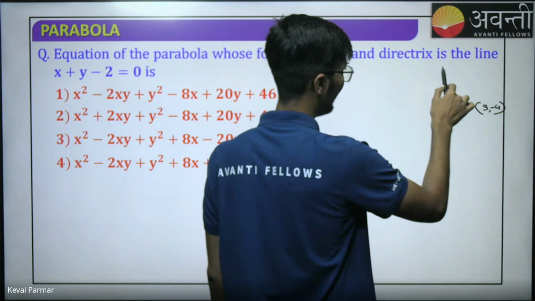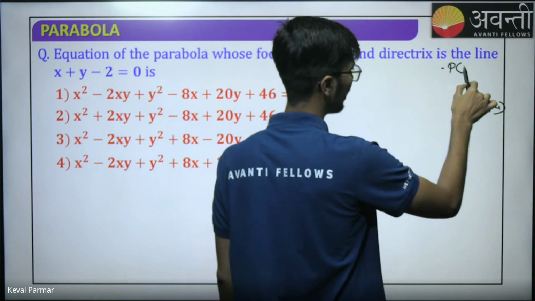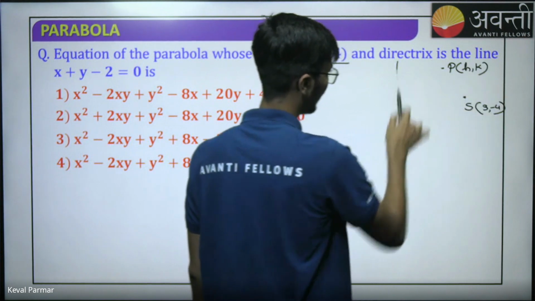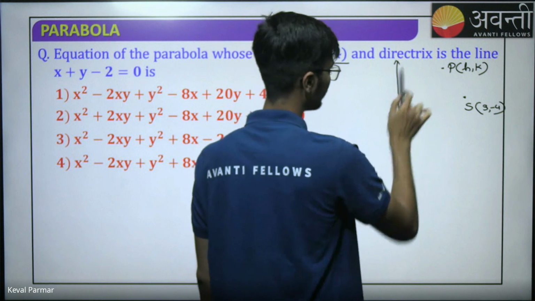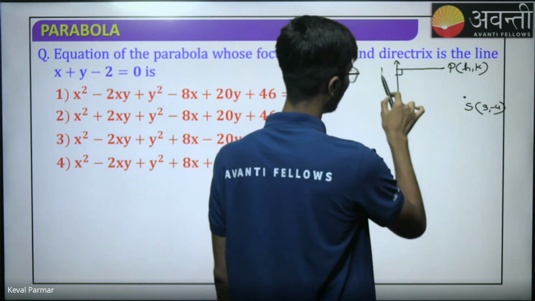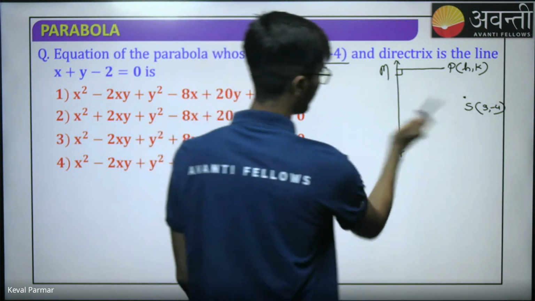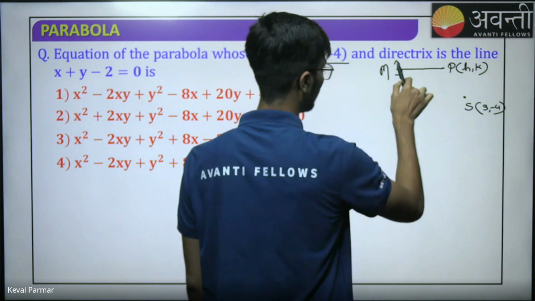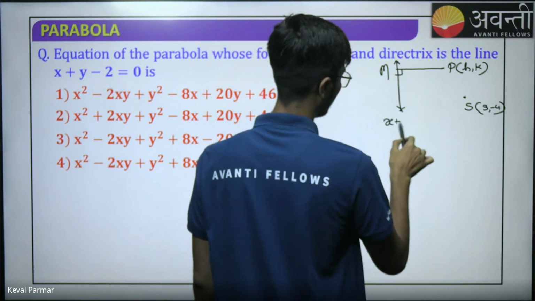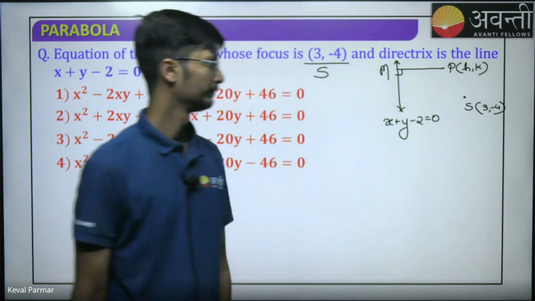Let's say I have any point P, the locus point. Let us assume it as h comma k, and this is the directrix. From point P, we drop a foot of perpendicular, which is M, on the directrix. The equation of directrix is x plus y minus 2 equals 0.